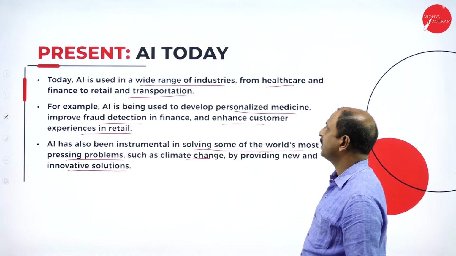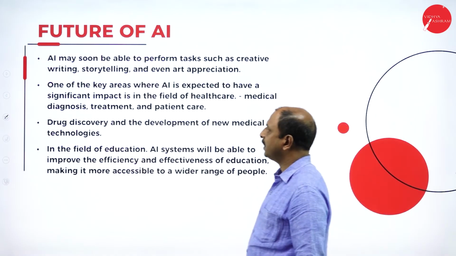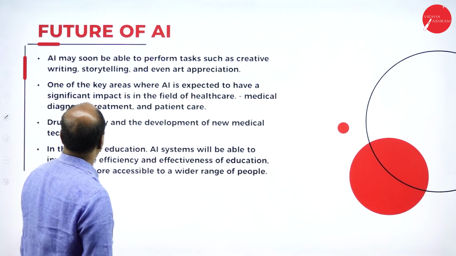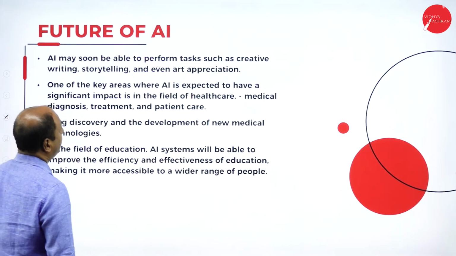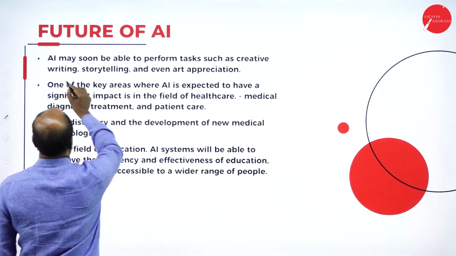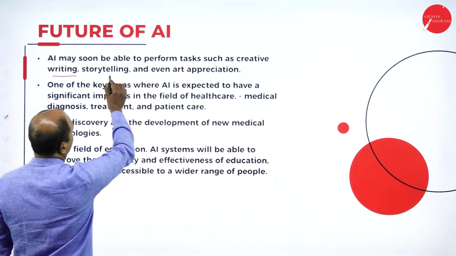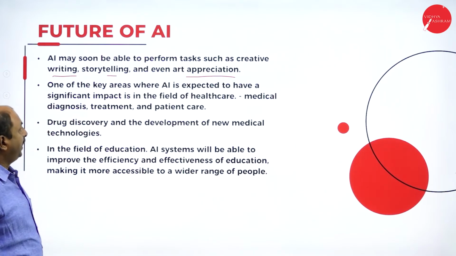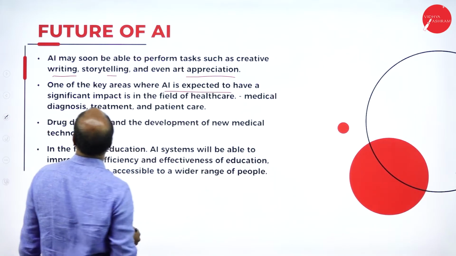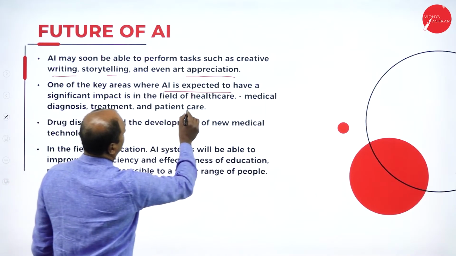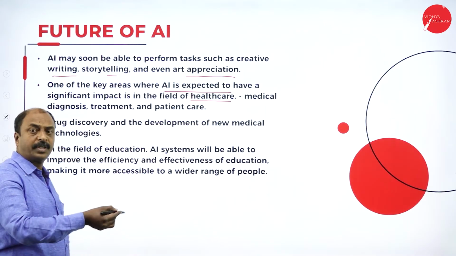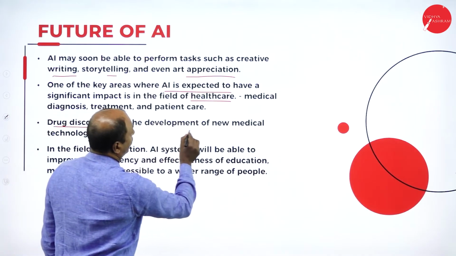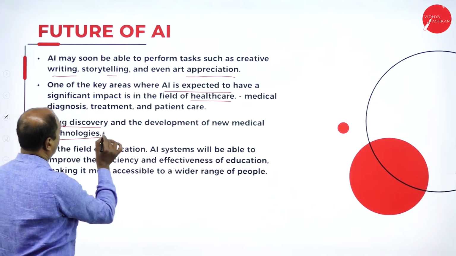This is the present of AI, and for the future, we cannot predict the future of AI, but we can list a few things. It is able to perform tasks such as creative writing, storytelling, and even art appreciation. And AI is expected to have a significant impact in the field of healthcare, as you've seen in the previous slide, and in drug discovery and the development of new medical technologies.